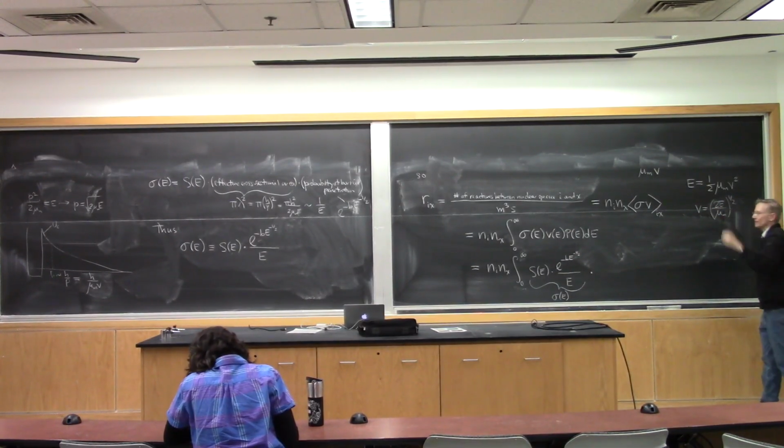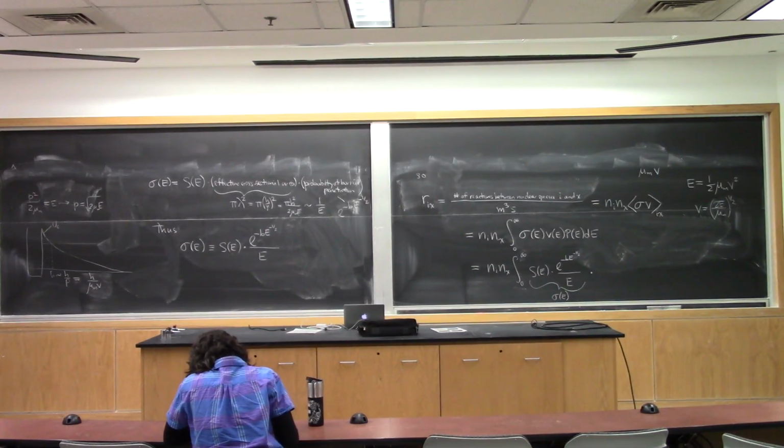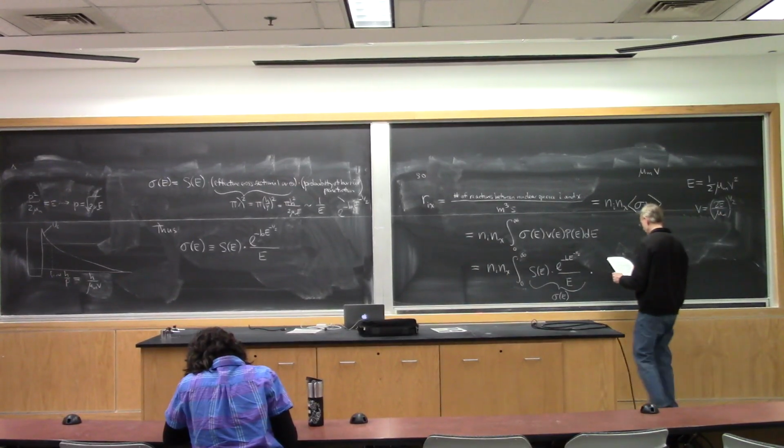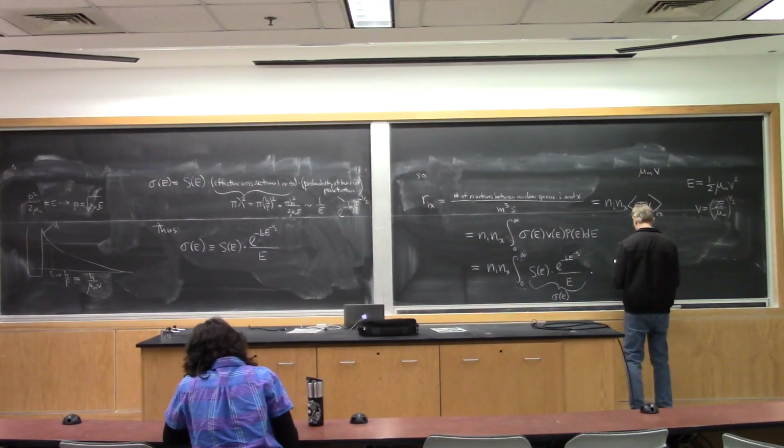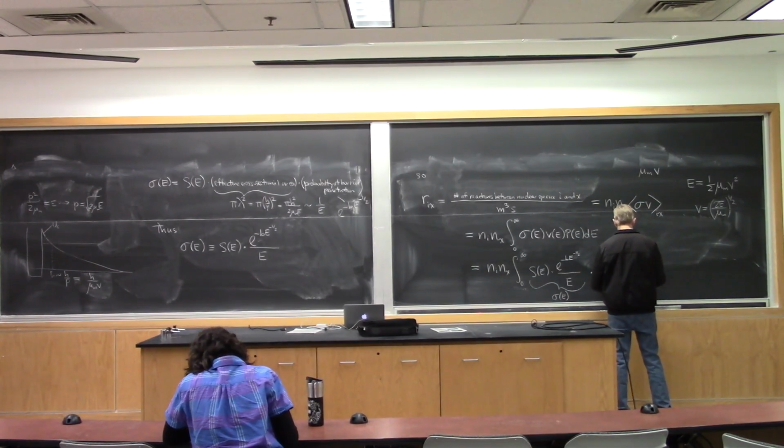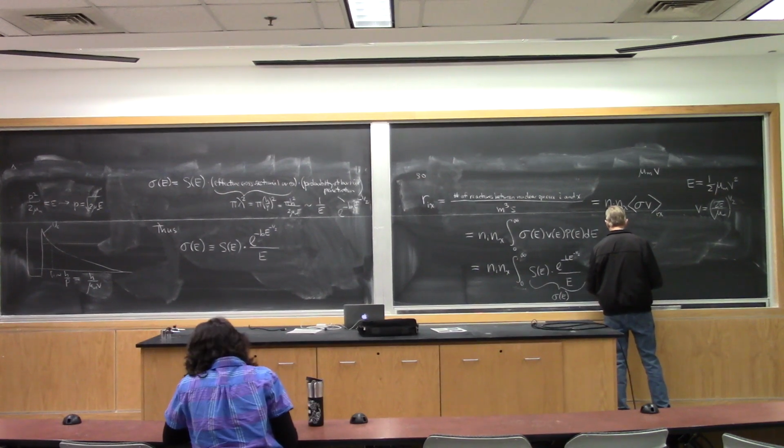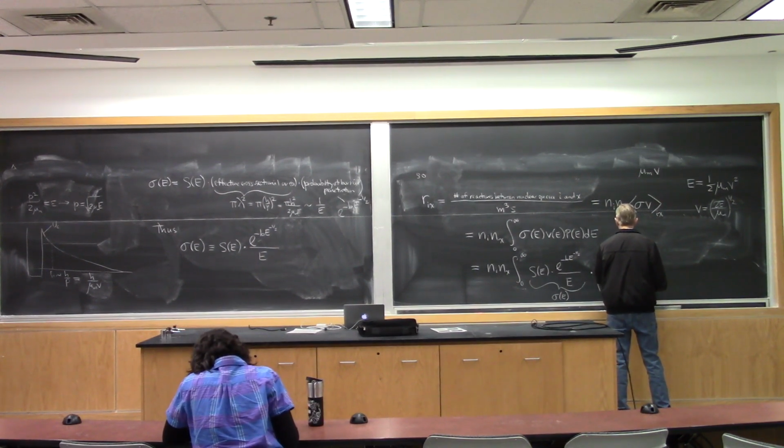I could just say mu, but we're using mu_m, so I've been using that. The reduced mass mu_m of the two particles. So for the v of E, we put in 2E over mu_m to the 1/2.